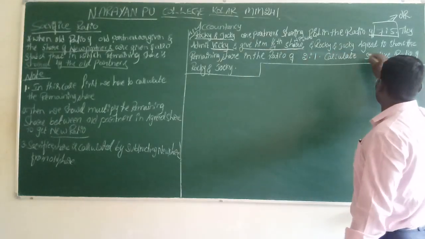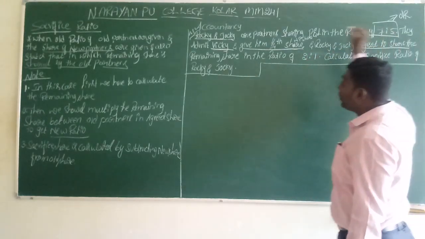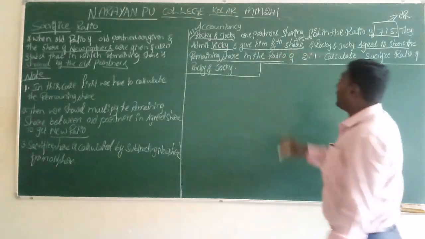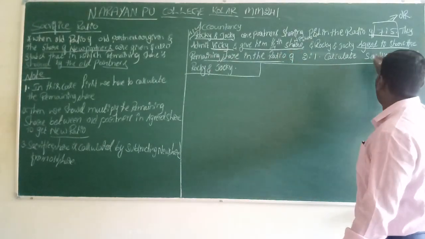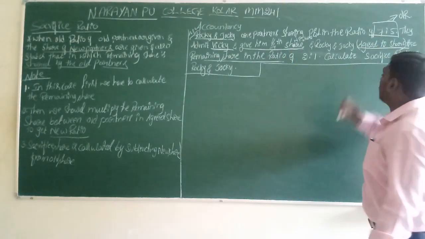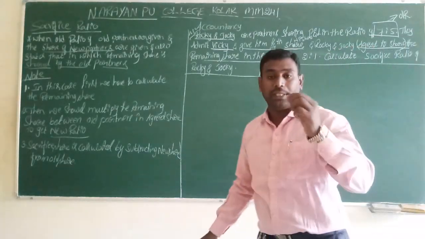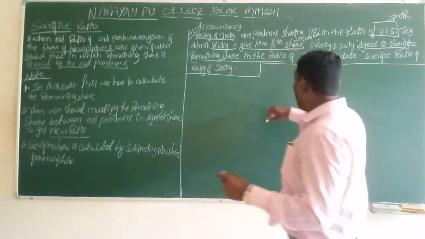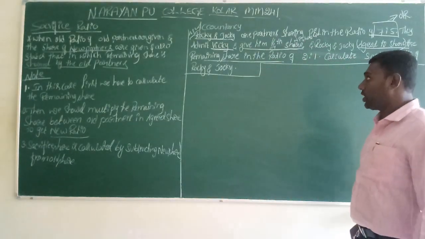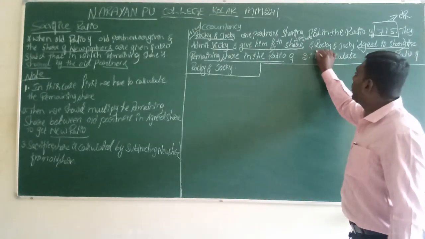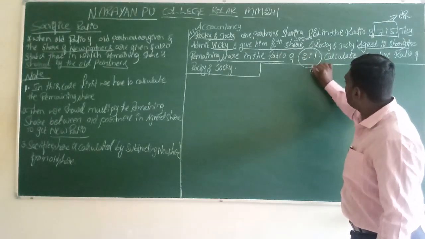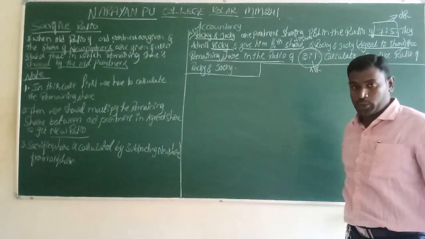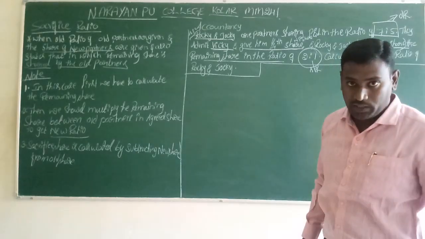And Rocky and Jockey agreed to share the remaining in the ratio of 2:1. This is a very important thing in this question, and it is considered as the agreed ratio, the agreed share.